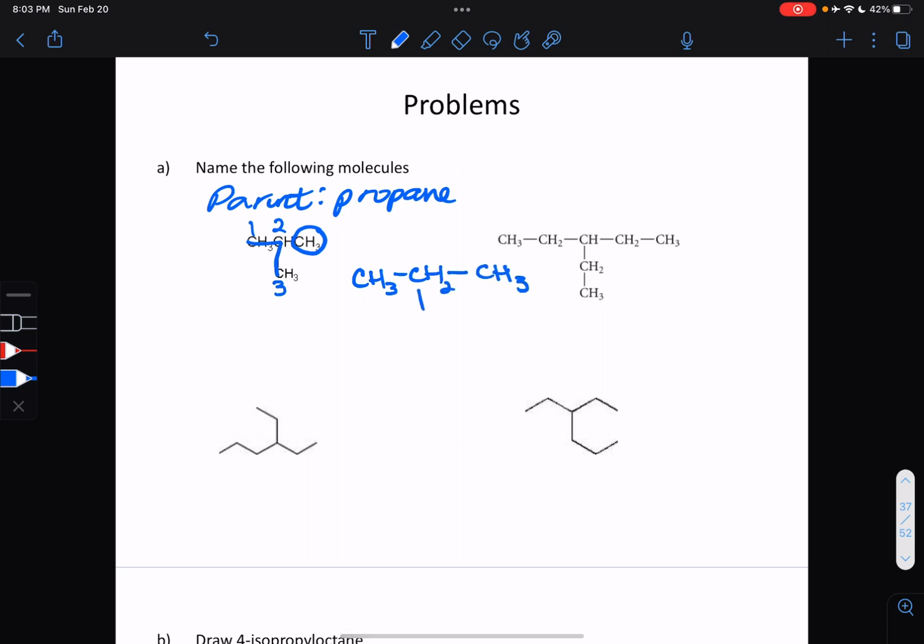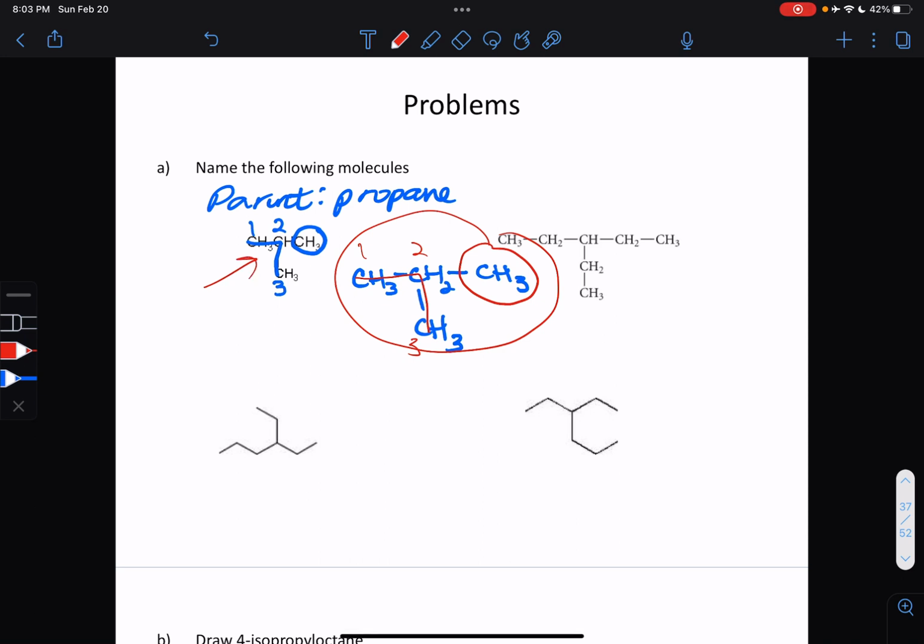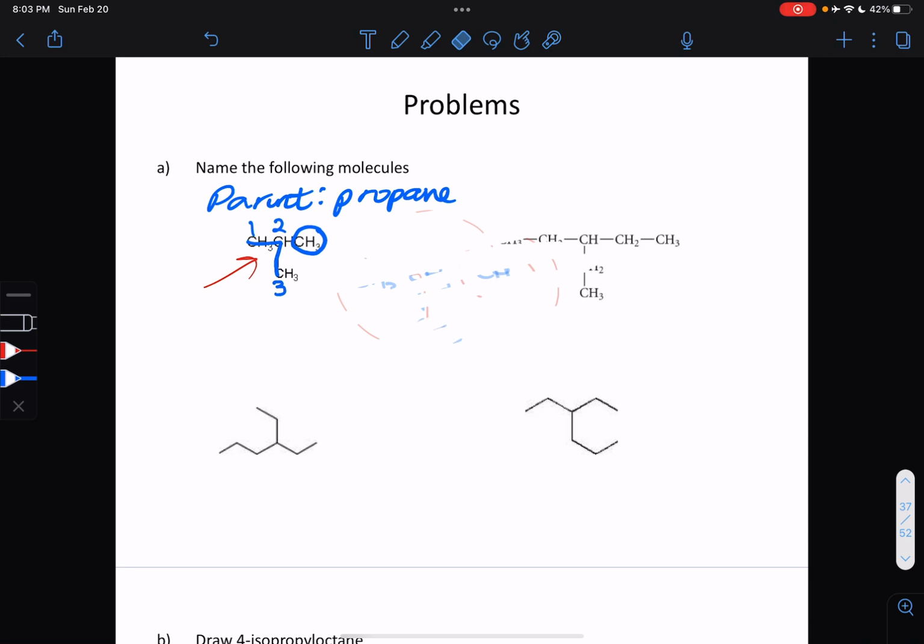And what does that look like if we draw the bonds in, just to show you that it's the same thing? Okay, so if we call that the principal chain and we've got a branch hanging off of carbon number 2, this right here is the exact same thing as this right here. So no trickery going on here.